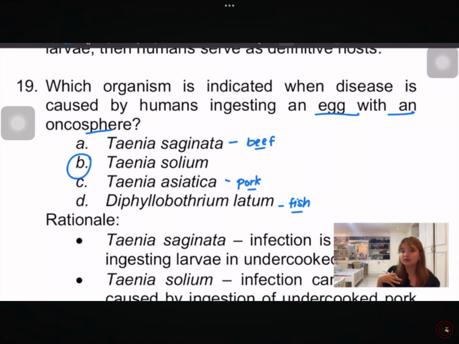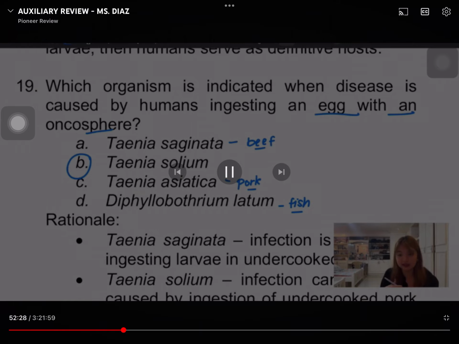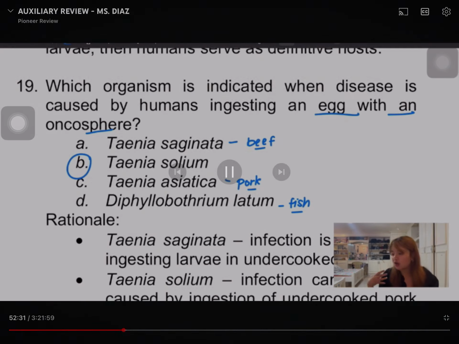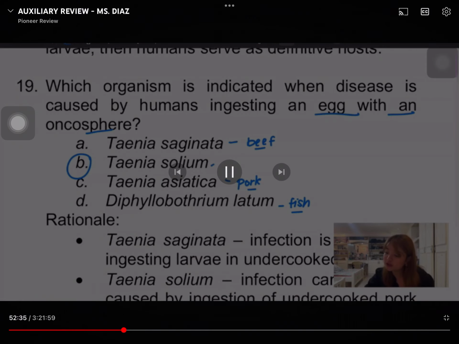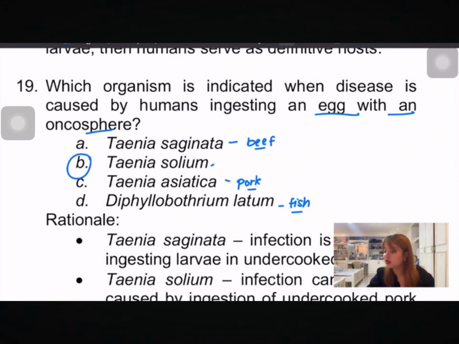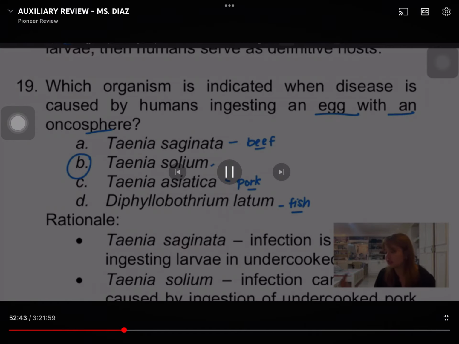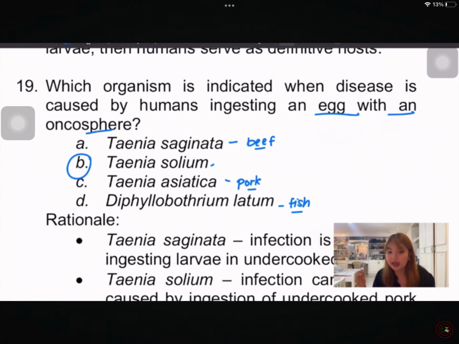Yung larval forms within their flesh yung ma-ingest natin in order to develop infection or develop a disease. Meanwhile, in Taenia solium, since there are two forms, isa na in-ingest natin yung larval form through undercooked pork and meron din yung na-ingest natin yung egg niya na nagko-contain ng oncosphere, then siya yung tamang sagot.